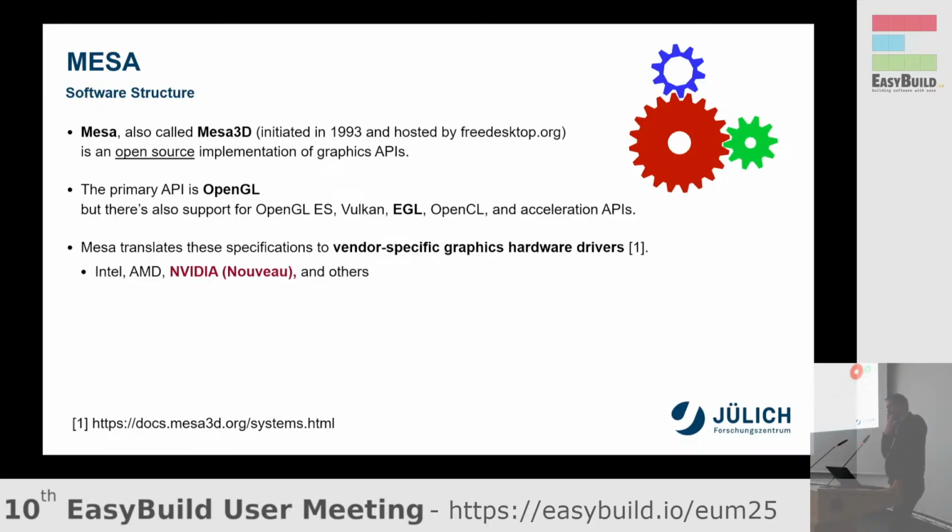Mesa started in 1993. It's an open source implementation of the graphics APIs, primarily OpenGL, but it also comes with Vulkan. EGL is quite important for us here in HPC, and it also includes OpenCL and other acceleration APIs, primarily for accelerating video decoding.